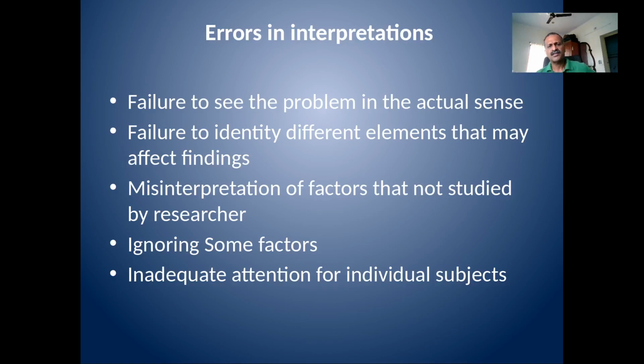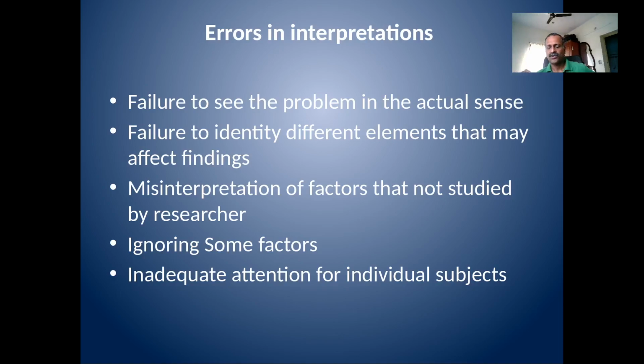And what are the errors that can occur in interpretation? Failure to see the problem in the actual sense. If the researcher fails to see the problem in its actual sense, our interpretation may fail. The failure to identify different elements that may affect the findings. So the skill of the researcher is very important in identifying all these things.